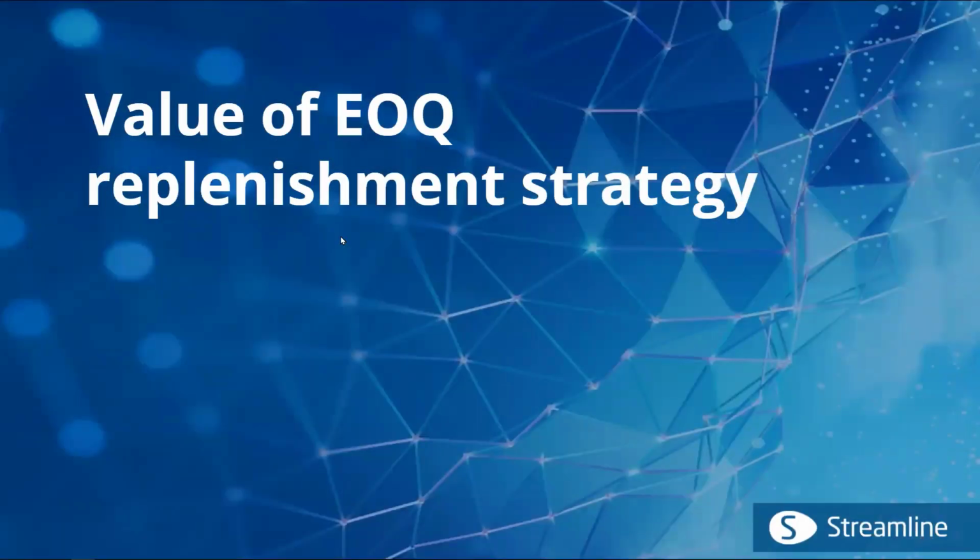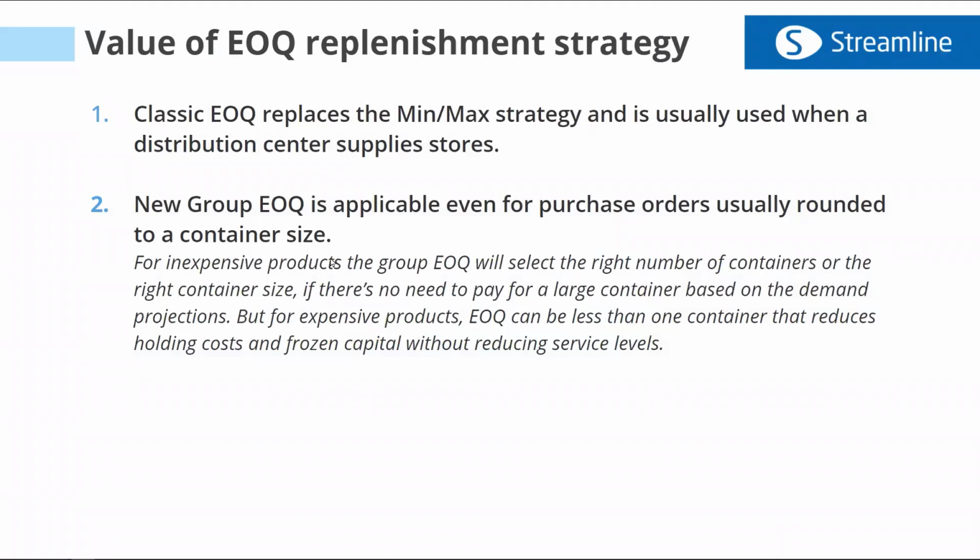So value of EOQ as a replenishment strategy can be split onto different business cases. And classic EOQ, which is available in Streamline as well for min-max strategy, for instance, can be used when we replenish stores from our distribution center.